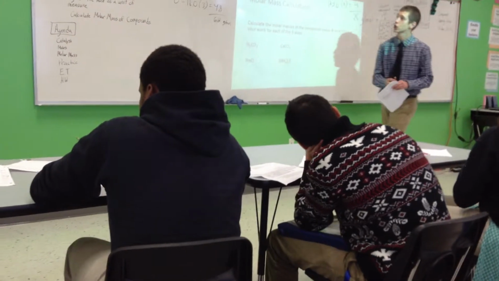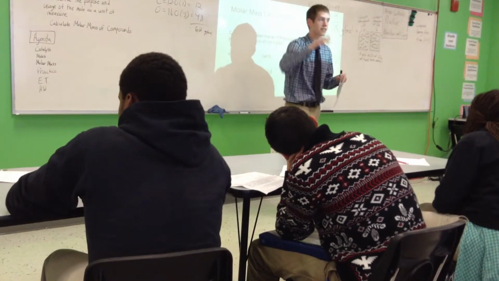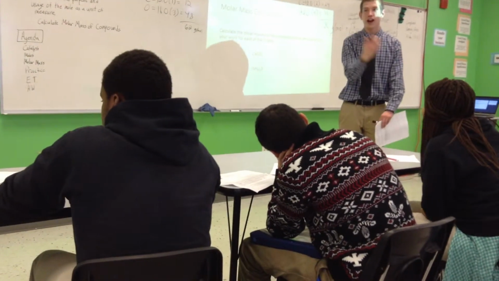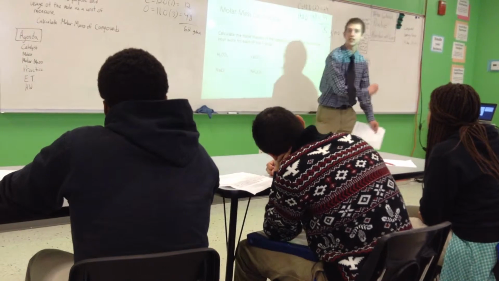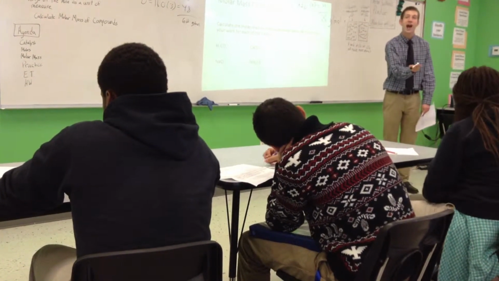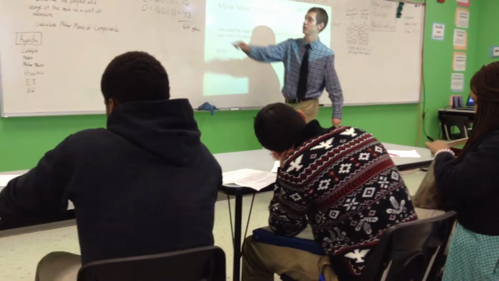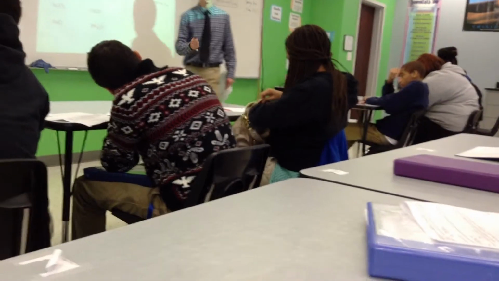So if we had a mole of H2CO3 in our hand, it would weigh 62 grams in our hand. And that mole would have how many particles of H2CO3? What do you think? 6.022 times 10 to the 23rd. That's it. All right.